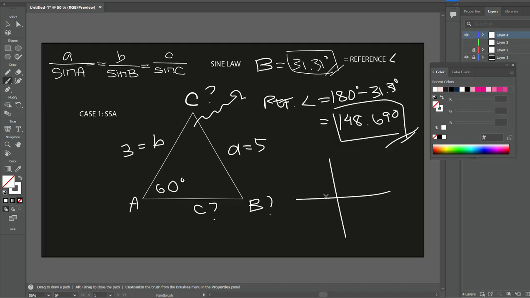So it's going to be here. This one is your 31.31 degrees.